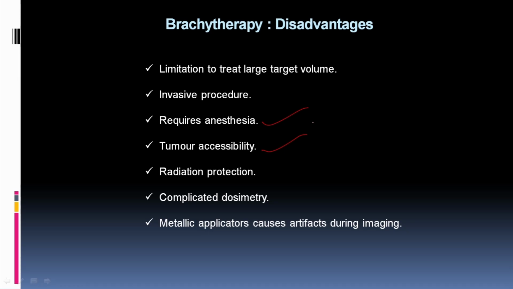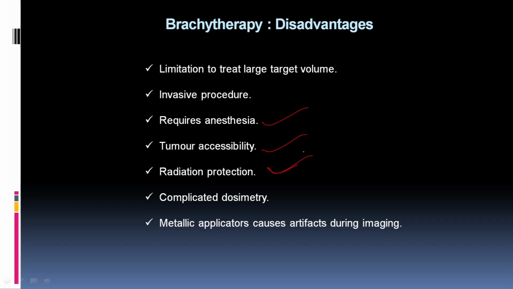In earlier days, we used low dose rate brachytherapy with manual afterloading, where radiation protection was also a problem. But nowadays we are using remote afterloading equipment, which is very well protected for radiation. So this point may not be considered a disadvantage nowadays.